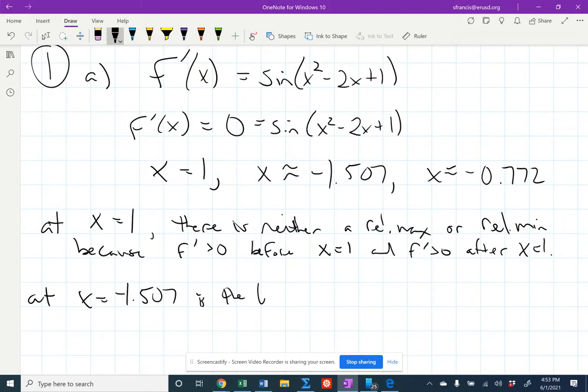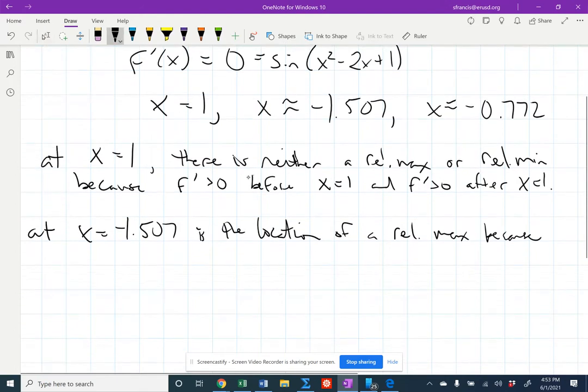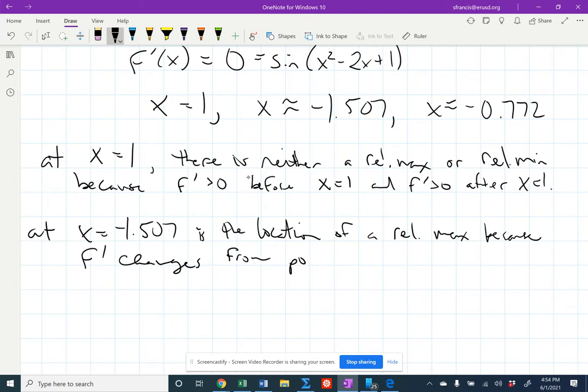This is the location of a relative max, because f prime changes from positive to negative at x equals negative 1.507.